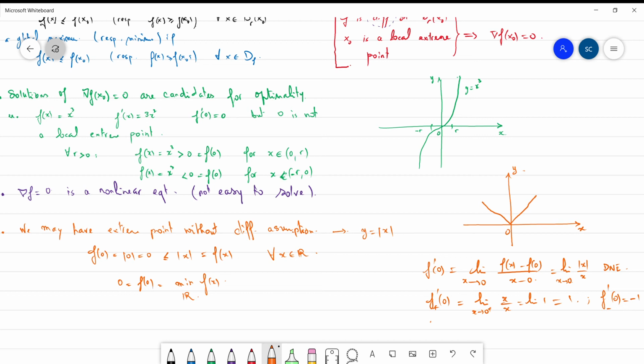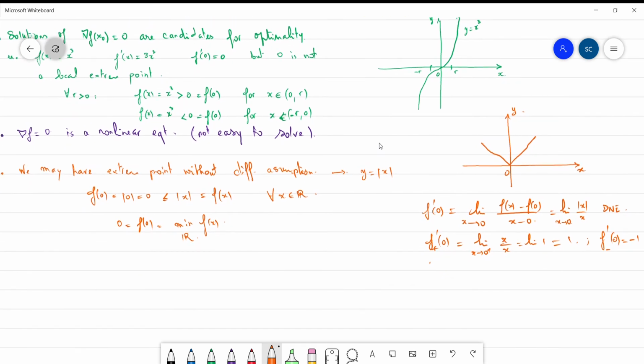Here also we have an important remark. If we are working on the whole domain, if S is open and x0 is a global extreme point, then it is a local one.